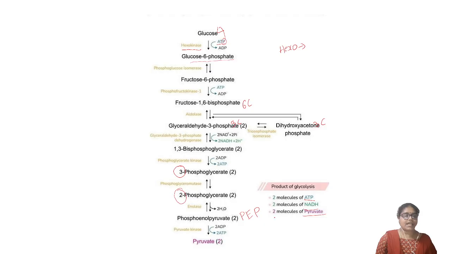Here when we see these reactions, 4 molecules of ATP are produced. Since this is the energy expenditure step, 2 ATP molecules are utilized here and 4 ATP are formed here. 4 minus 2, the net is 2 ATP.